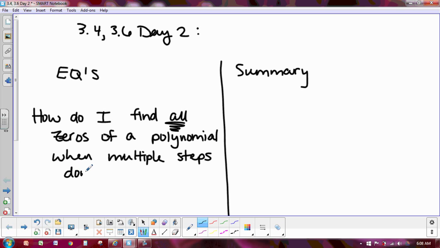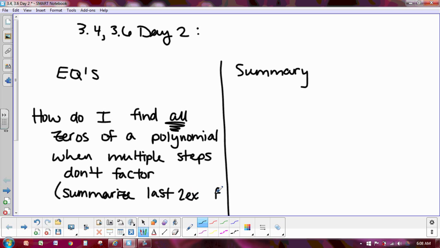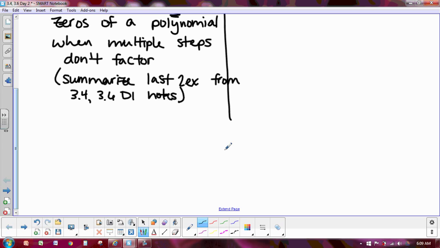That's what we've just been working on. So I want you to summarize the last two examples from the 3.4, 3.6 day 1 notes packet, because that's what we've been doing for 3.4, 3.6 day 2.